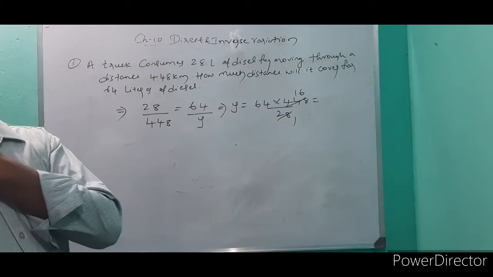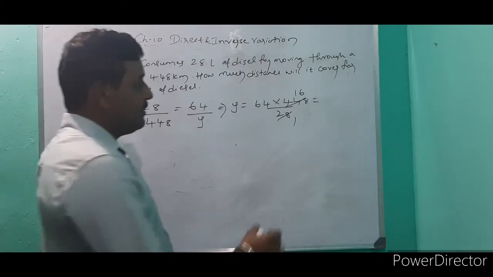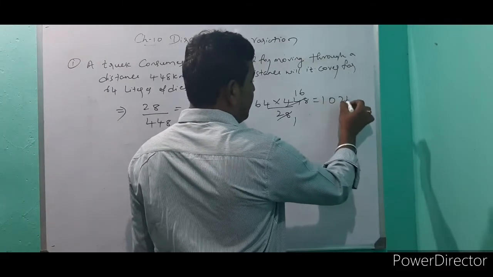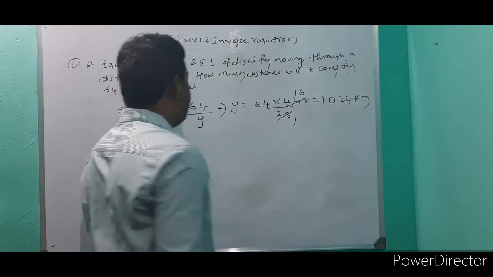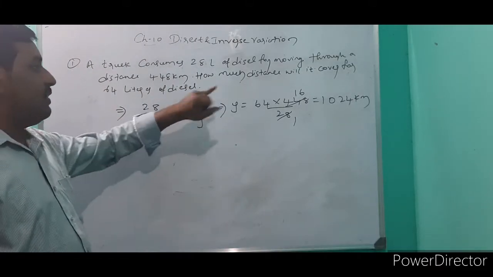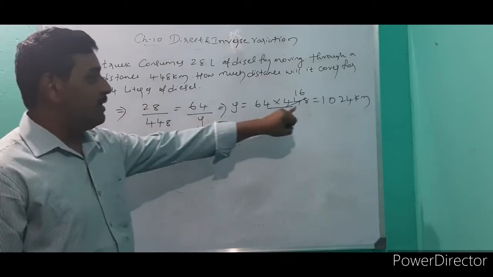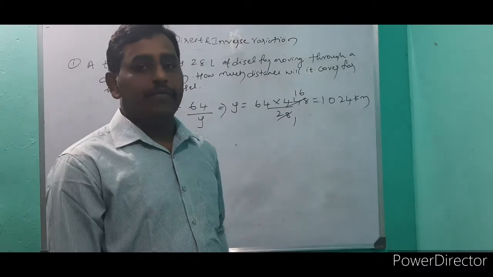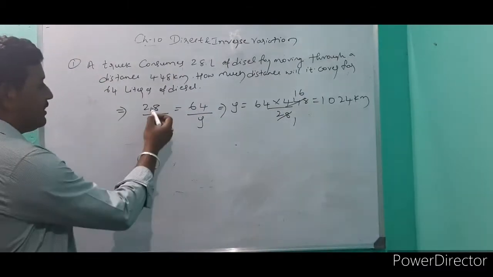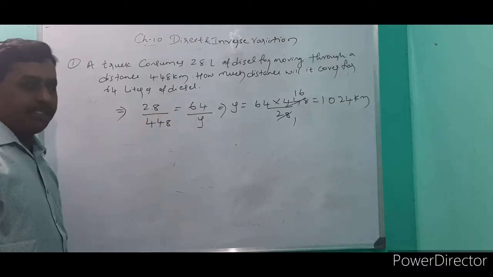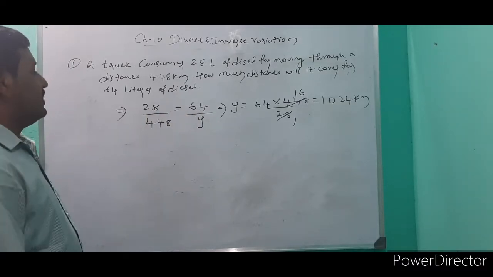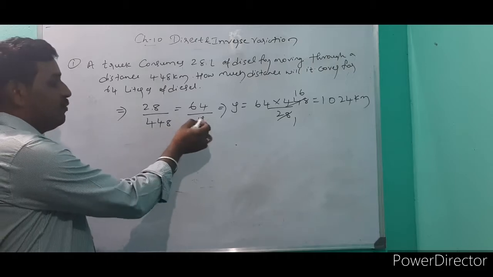If you multiply 64 into 16, you will get 1024 kilometers. This means if you put 64 liters in the truck, it travels 1024 kilometers.